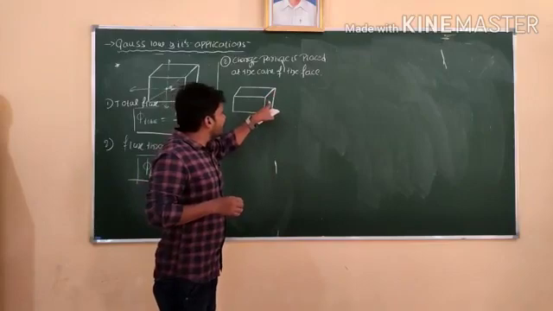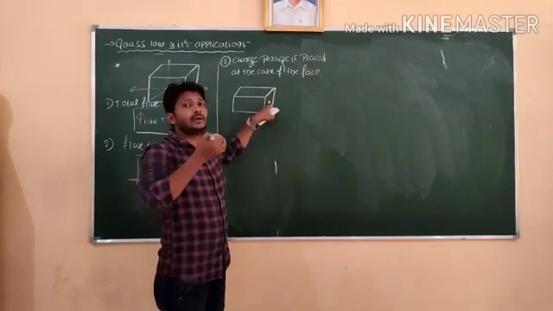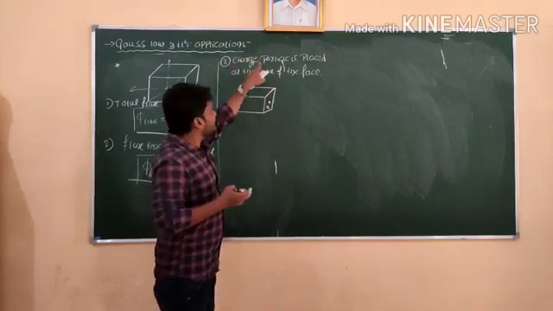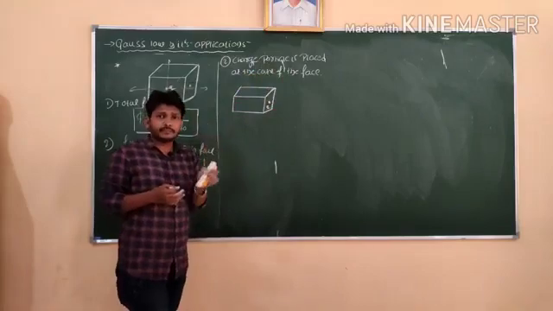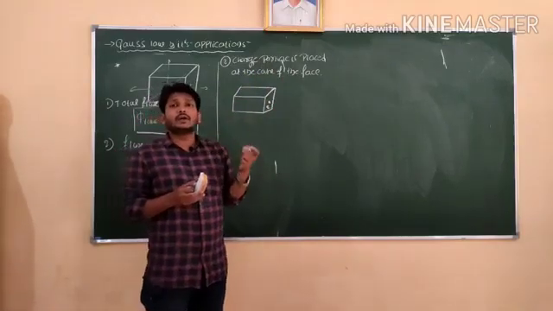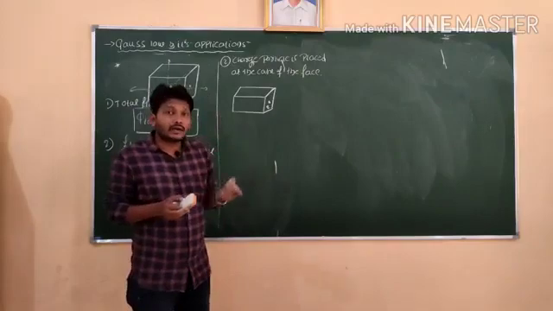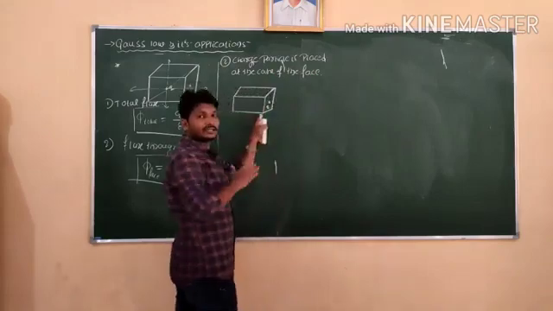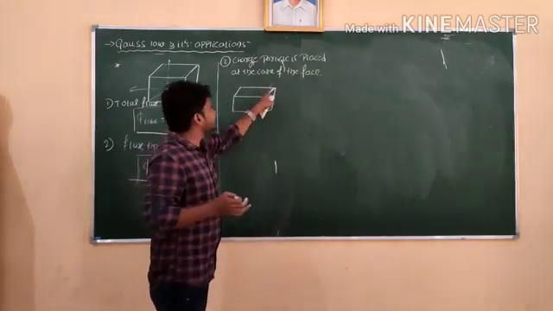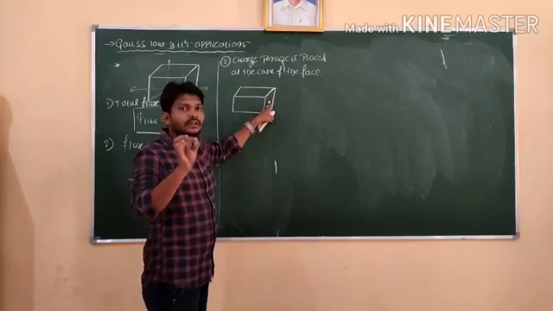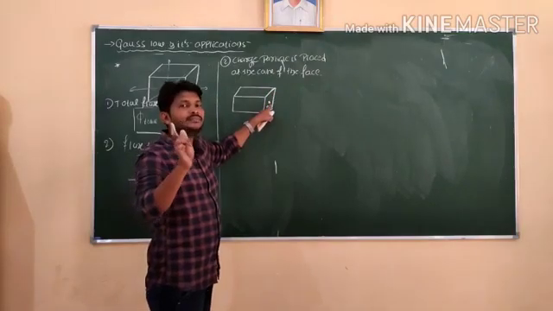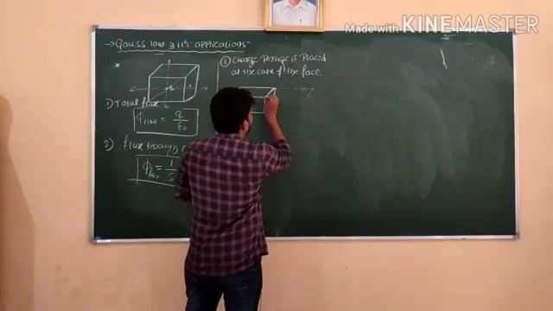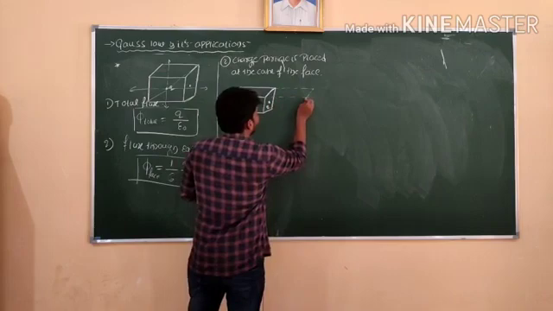In order to get the enclosed charge, let me draw another imaginary cube here. In the case of a Gaussian surface, I need to consider the enclosed charge. For making it an enclosed charge, one more imaginary cube is required, parallel to this one. If one more cube is present, this charge is enclosed.